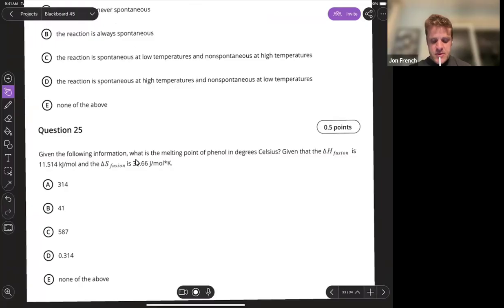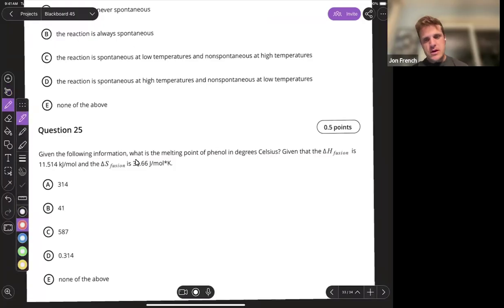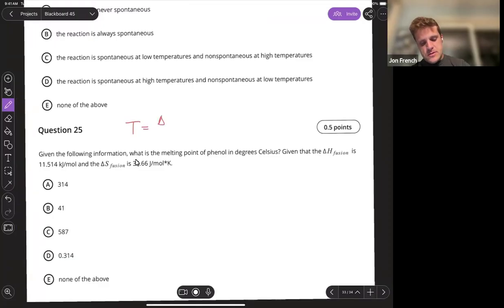Given the following information, what is the melting point of phenol in degrees Celsius? So at the melting point you're at equilibrium between two phases, and we can find the equilibrium temperature. Temperature equals delta H divided by delta S, because at equilibrium, delta G is 0.